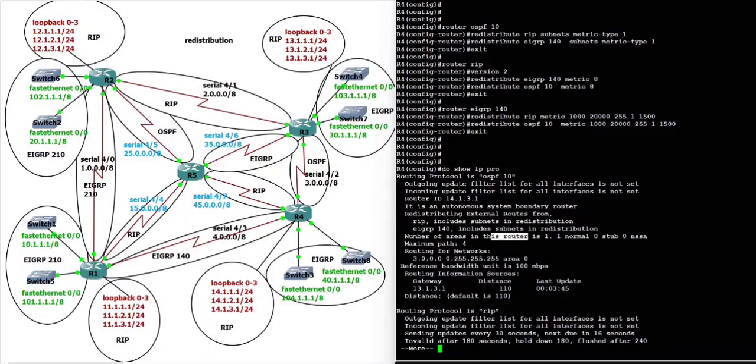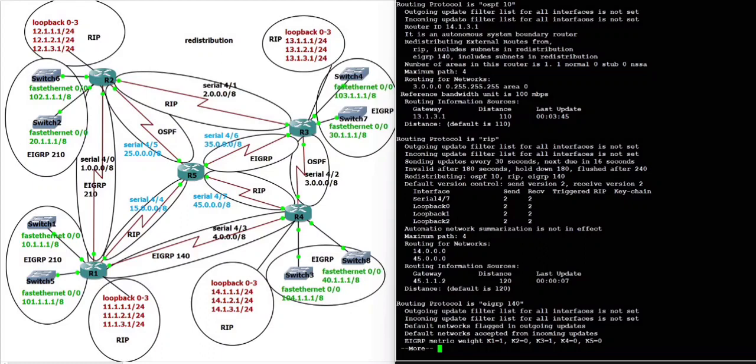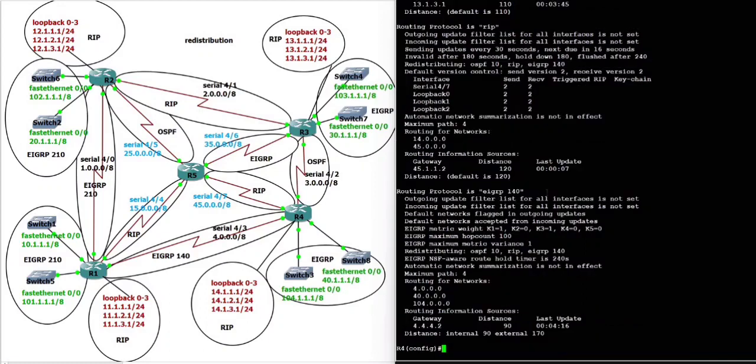You can see the area. In RIP we redistributing OSPF, RIP, EIGRP 140. In EIGRP 140 we redistributing OSPF 10, EIGRP 140, RIP.